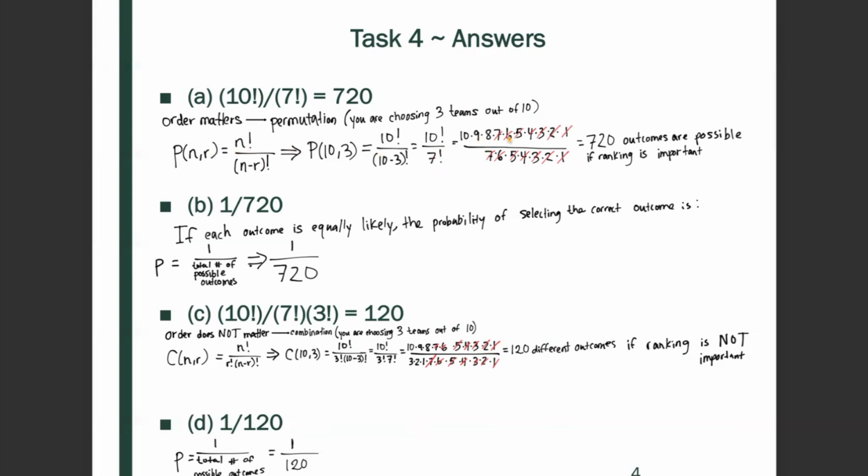If you write out what factorial is, 10 factorial would be 10 times 9 times 8 all the way to 1, and then 7 factorial is 7 times 6 times 5 all the way down to 1. And so if you simplify, since these are all multiplying, it would simplify to 10 times 9 times 8, which equals 720. So that's the number of outcomes that are possible if ranking is important.